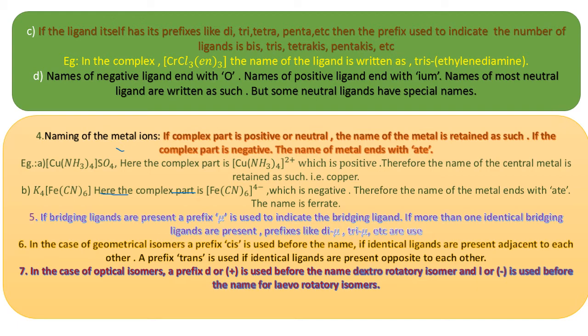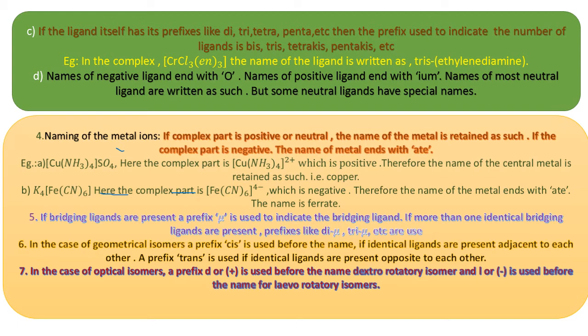For example, in this first complex, the complex part, which is the coordination sphere, is a cation, which is positive, so it retains the name of the central metal ion as copper itself.